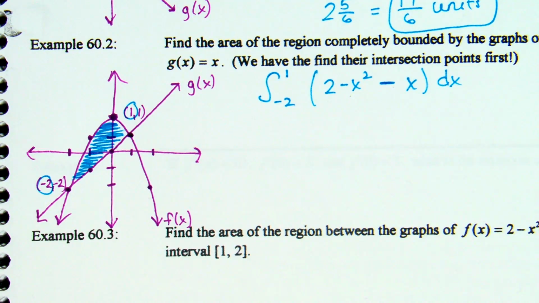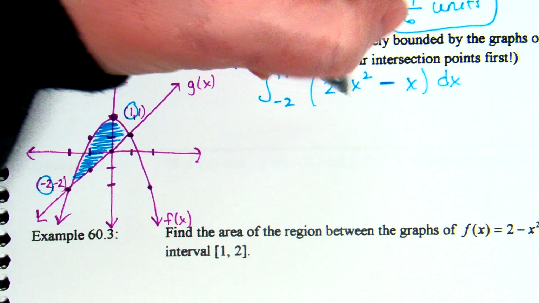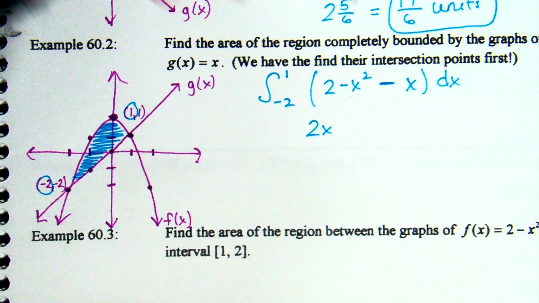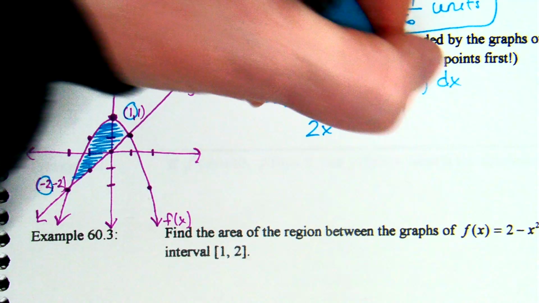Okay. What do I have to do? Antiderivative. He's got it this time. Okay, so remember, antiderivative integral powers are going up. So 2 becomes 2x. Minus x squared becomes x cubed over 3.